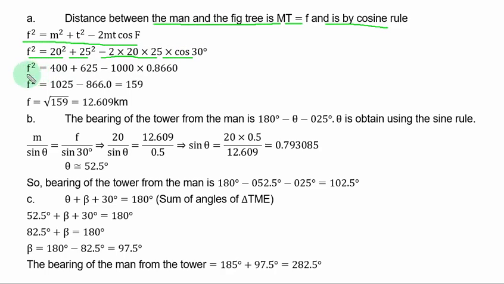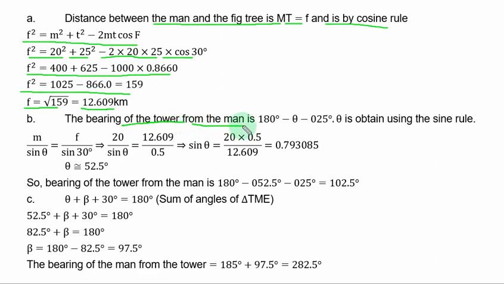When you evaluate, you have it in this form, then this result. After subtraction, you have 159. To get F, take the square root of both sides, and F is equal to 12.609 kilometers.